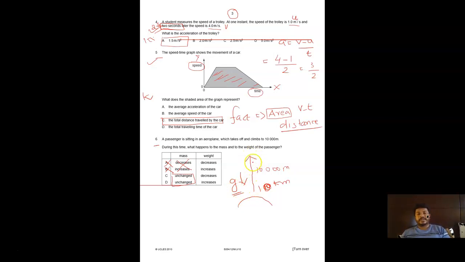As the altitude increases, G value decreases. So when you use your formula W is equal to mg, since the G value is less, your weight decreases. So the right option is C. So D is wrong. Is this clear, students? Next question, next page.